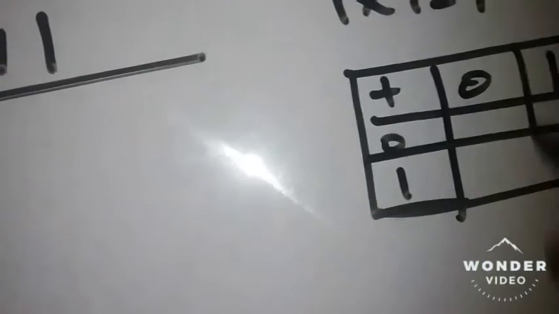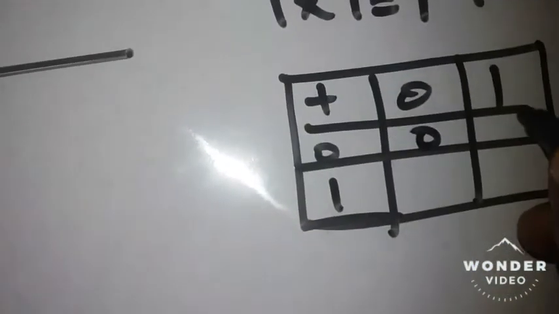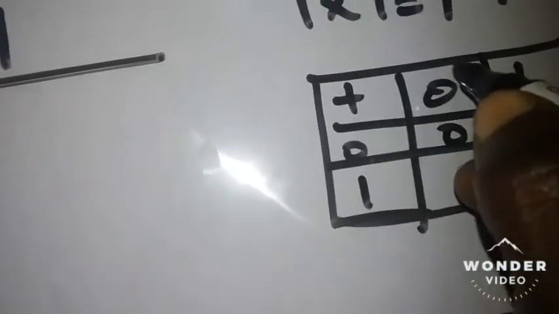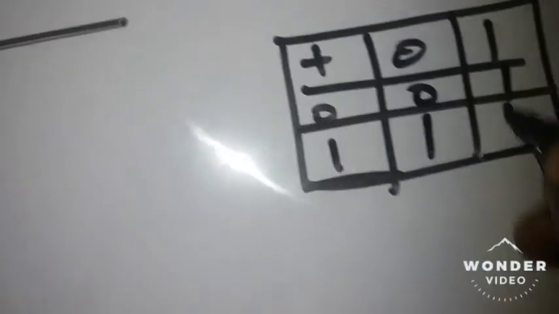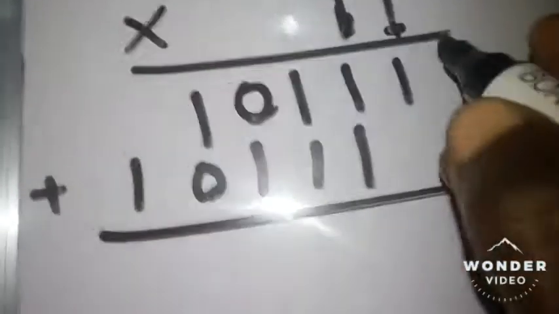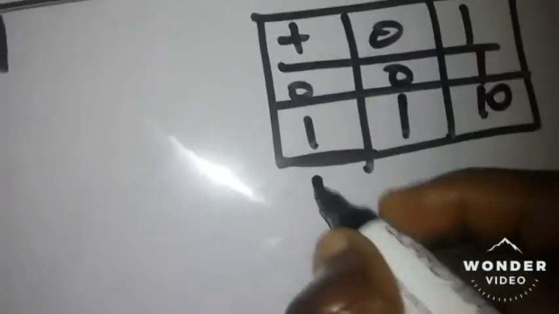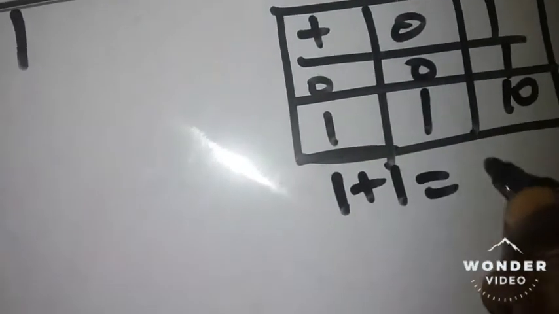If we still remember, 0 plus 0 is 0, 0 plus 1 is 1, 1 plus 0 is 1, 1 plus 1 is 10. So now we carry this one down, there's nothing. 1. 1 plus 1 is 10.